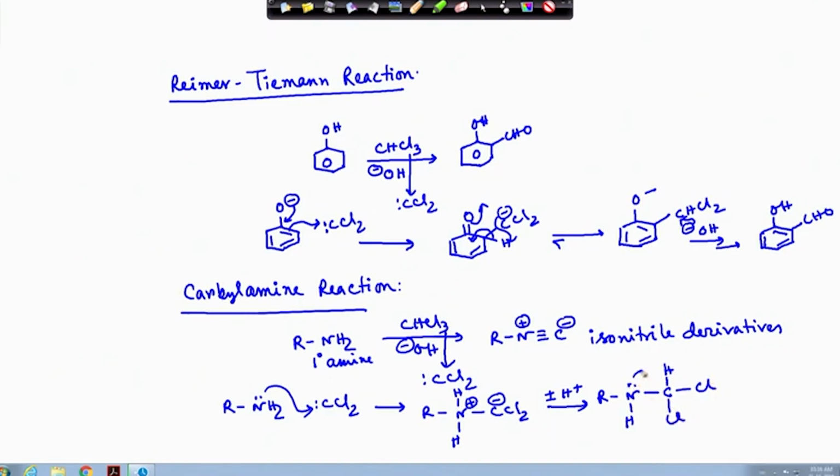Okay. Now, nitrogen has this lone pair, so it can go out, then overall what you will get once it goes out. Okay. Now, this can nicely generate in presence of base, in basic medium. Okay. So, this can generate the corresponding isocyanide. Okay.